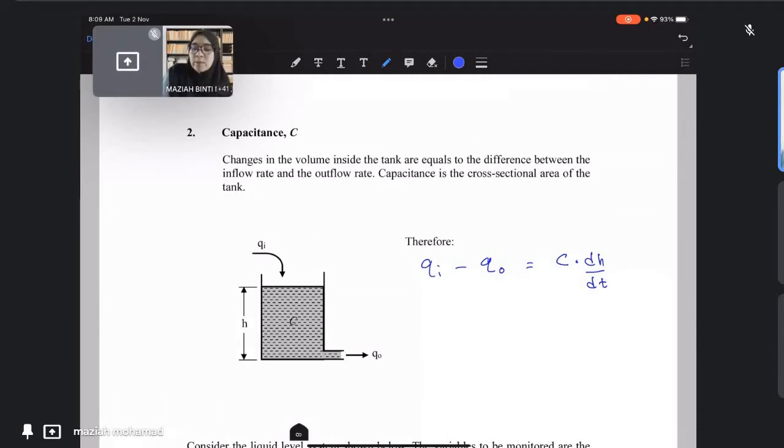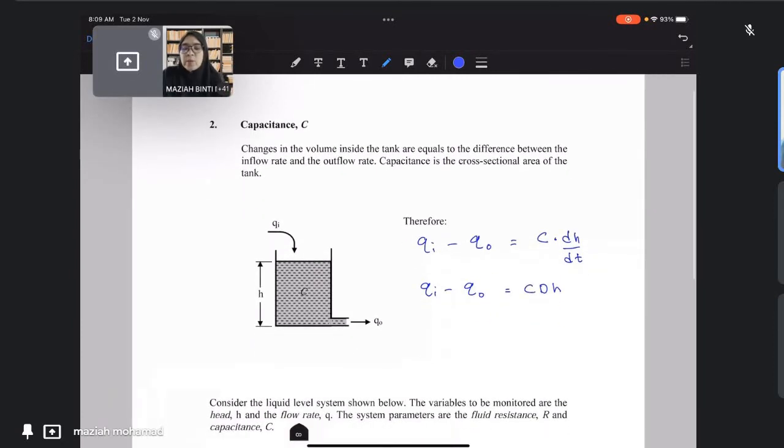We can simplify the equation to become Qi minus Q naught equal to C dH. This is the second equation for the liquid level system. We just need to understand or remember these two equations in order to analyze the behavior in a liquid level system.